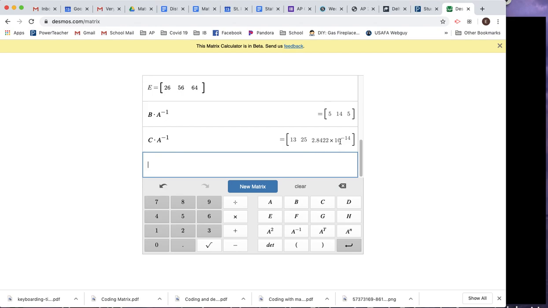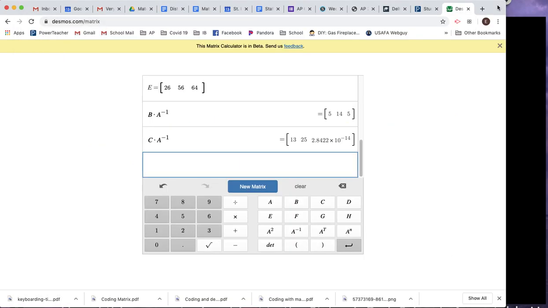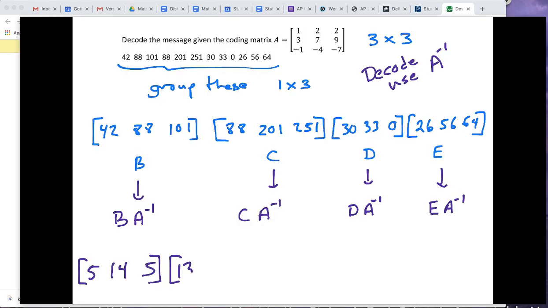This number is really 0, so I'm going to write that down as 0. Maybe I can fudge this back. So 13, 25, 0. I'll show you what happened on this one, so we'll talk about it in a second.